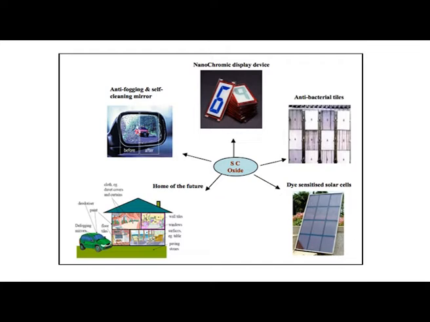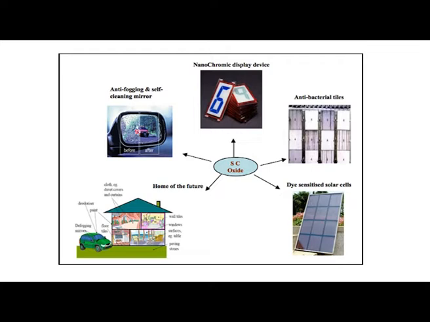For example, it can be used as an antibacterial coating on tile surfaces. It can be used to make solar cells, which produce electricity from the freely available sunlight. It can be used to make electrochromic display devices.